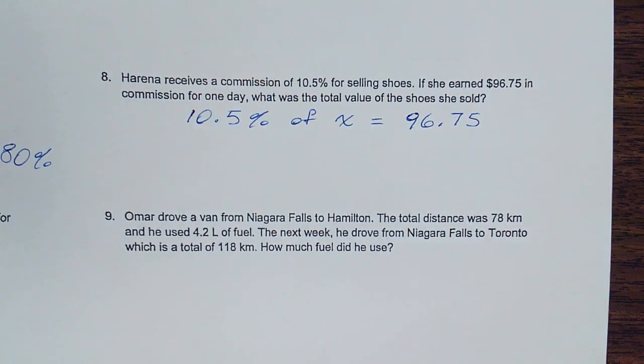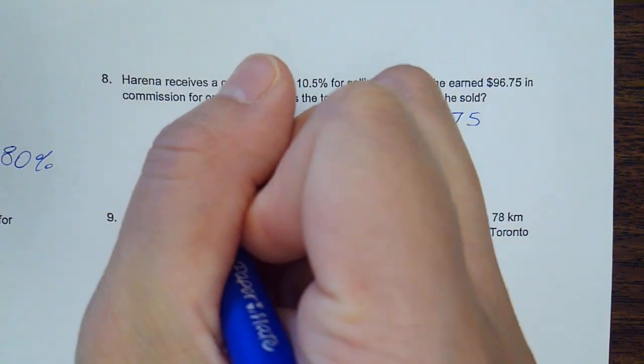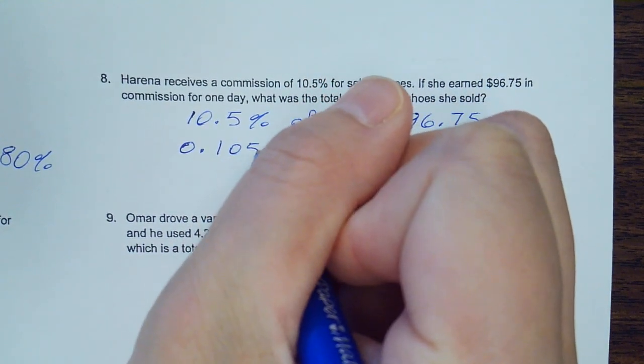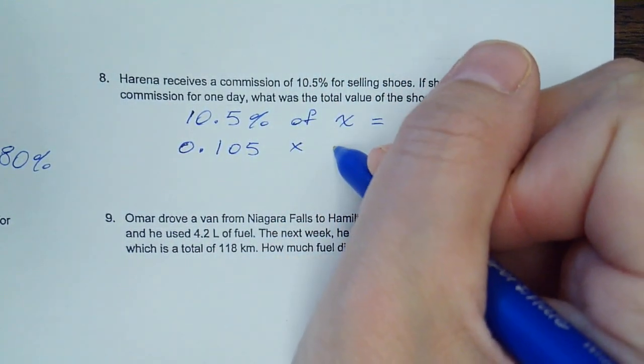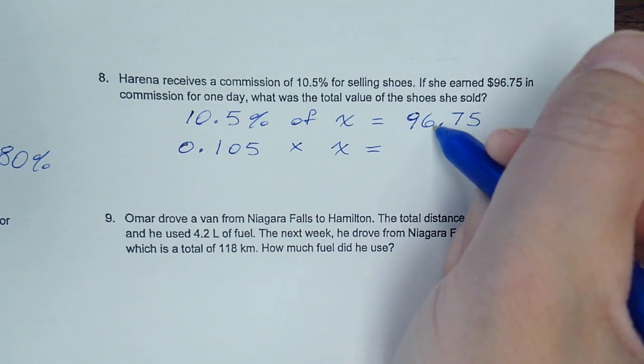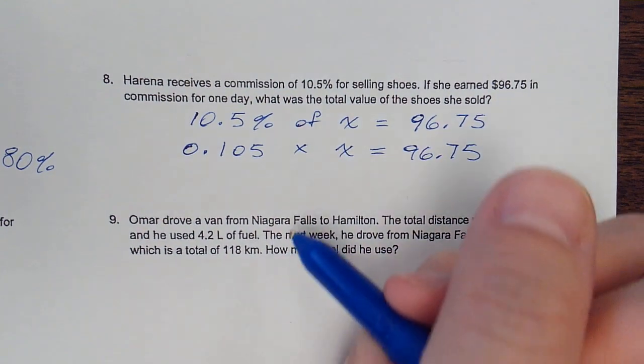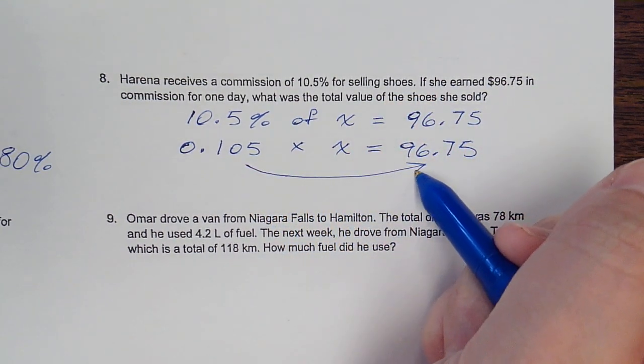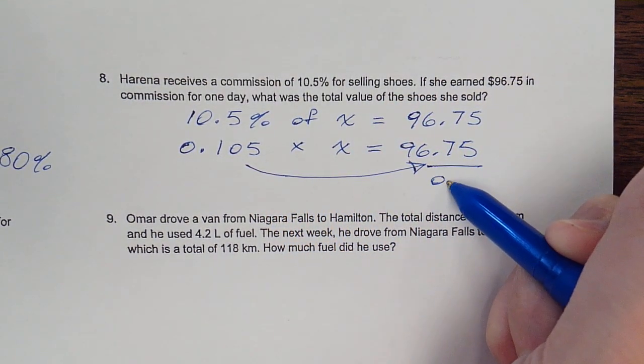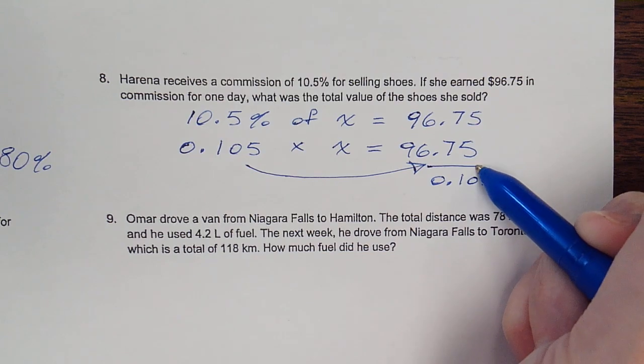As we know, 10.5, we have to divide it by 100 to change it to a decimal. So 0.105 of means times, x means x, equals. So you divide it by 0.105.